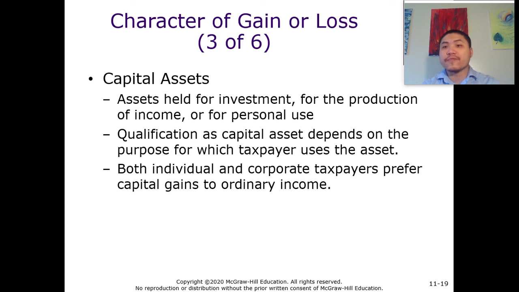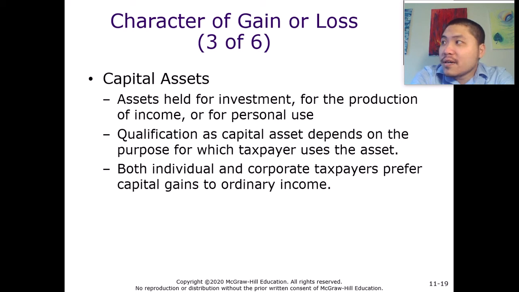That's why I call them investments. One asset to one person can be treated as an investment, but to another person it may be treated as another type of asset or property.